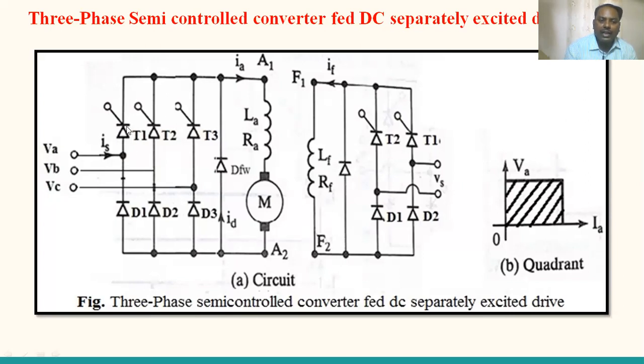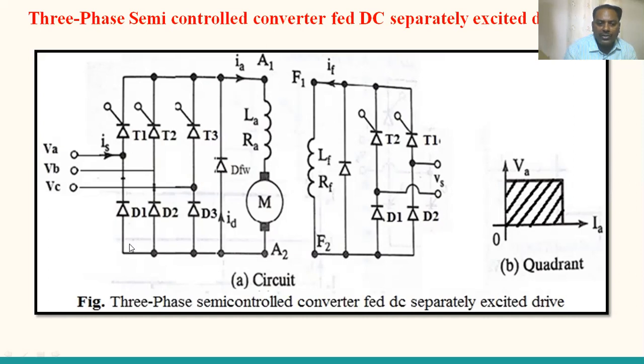You give the triggering pulse for thyristor T1, so thyristor T1 turns on. Turn on in the sense it acts as a short circuit. So the power is transferred from phase A through T1 to the armature of the motor, and then comes back here.